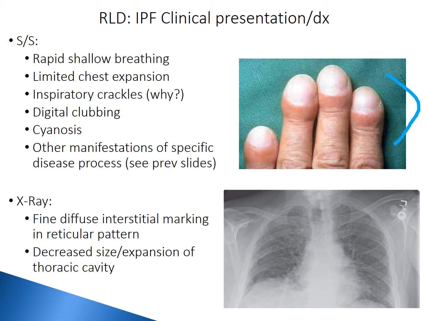However, they will have limited chest expansion, especially when asked to inspire maximally. On X-ray, you'll see those diffuse white markings like you'll see here on the right. And as well, you'll notice the decreased size of the thoracic cavity, the high hemidiaphragms.